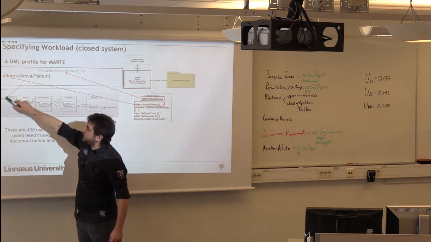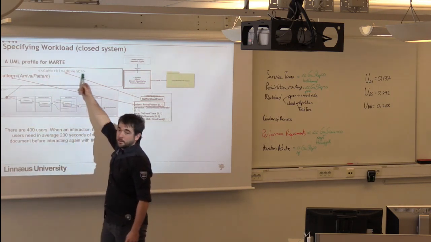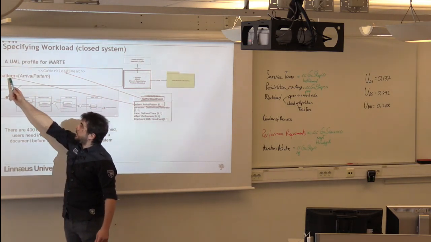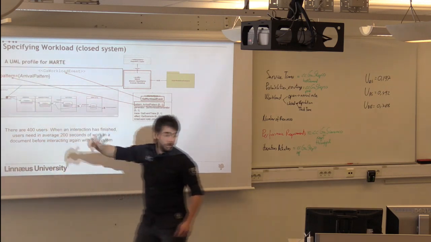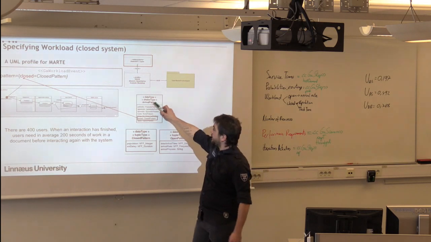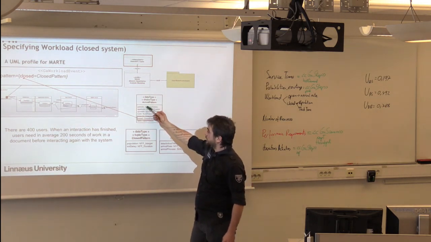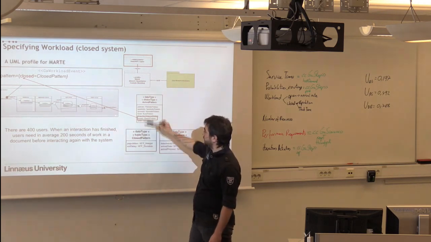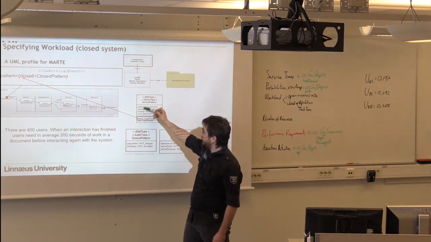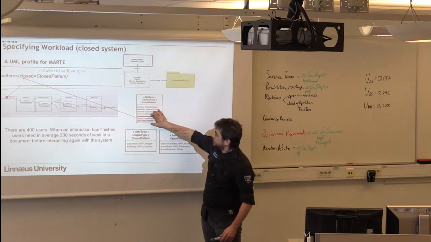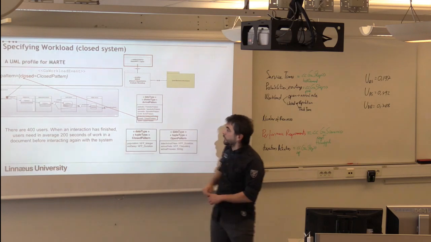And we say that this initial node is extended with the information of GA workload event, and using the tag, the pattern, that is going to be an arrival pattern, and the data type arrival pattern can be two of the options are closed or open. And Marte also defines periodic, aperiodic, sporadic, burst, but for us, at most, we will use closed or open.